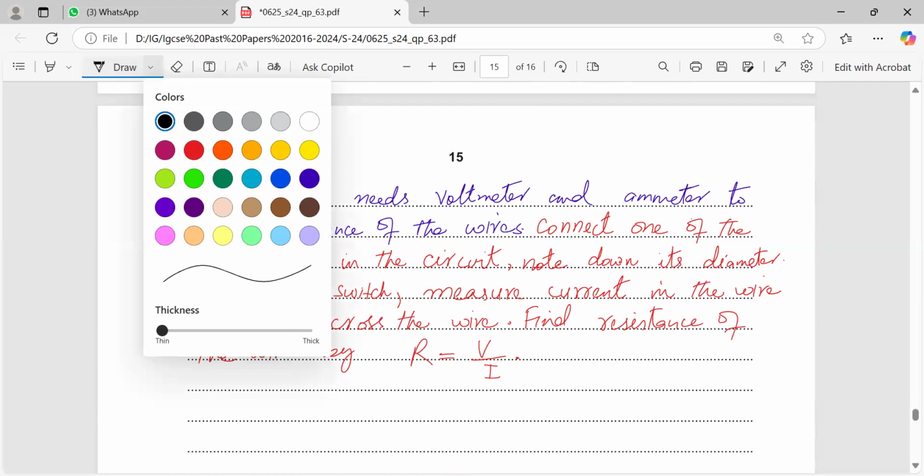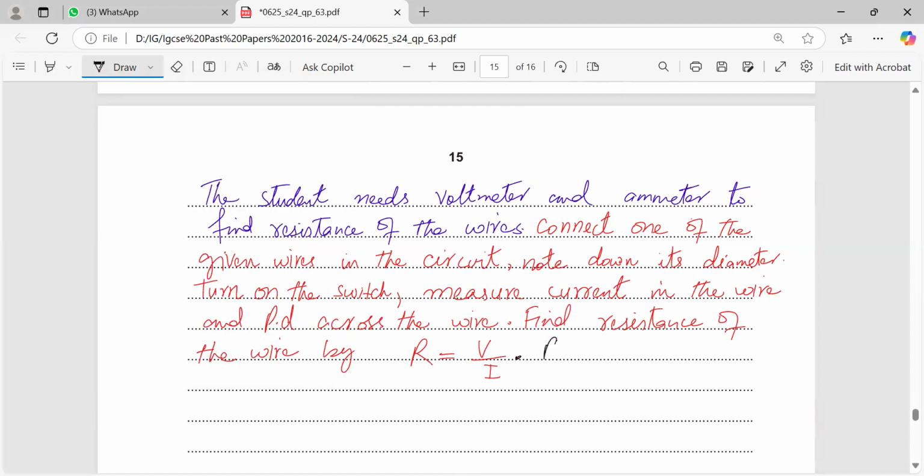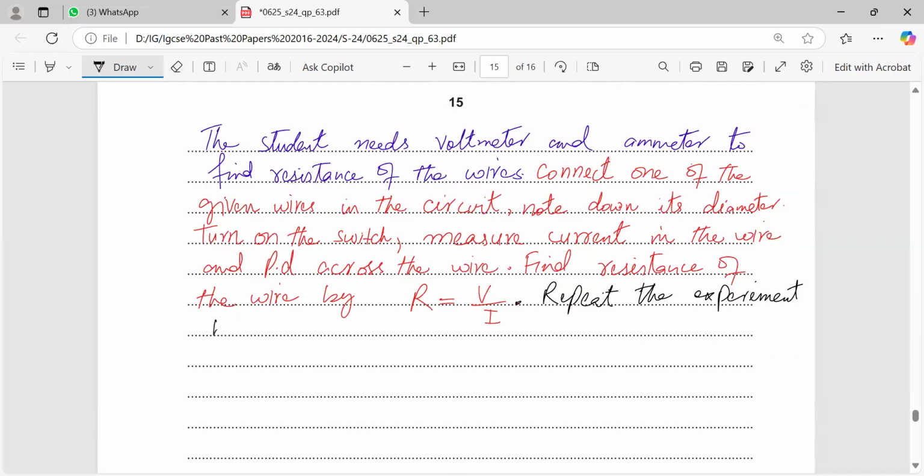Then, my dear friends, repeat the experiment by using wires of different diameters.